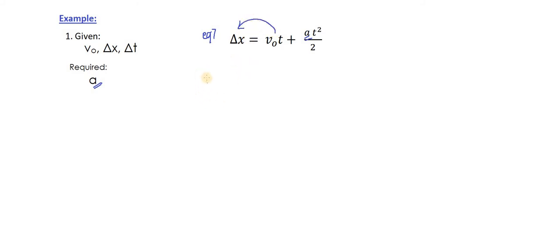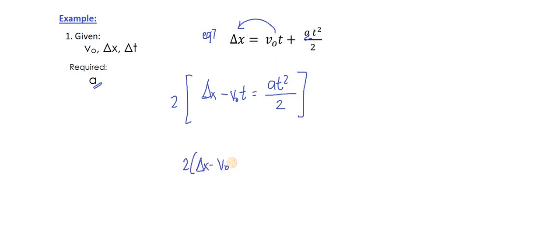So that will be delta x minus initial velocity times time equal to a t squared all over 2. And for you to eliminate the denominator, multiply both sides by 2. So that will be 2 times your delta x minus initial velocity times time equal to a t squared.